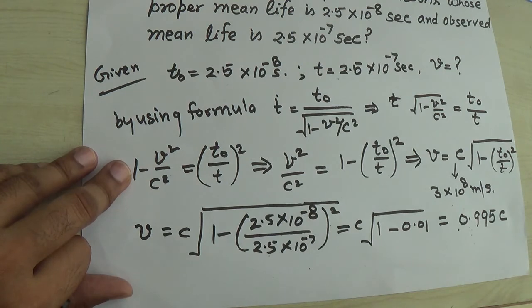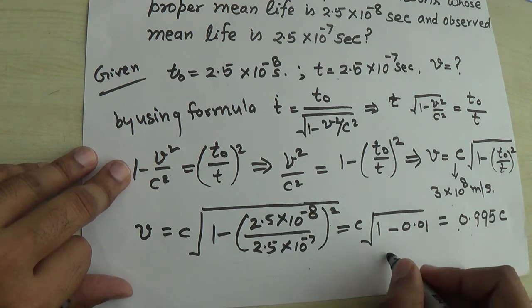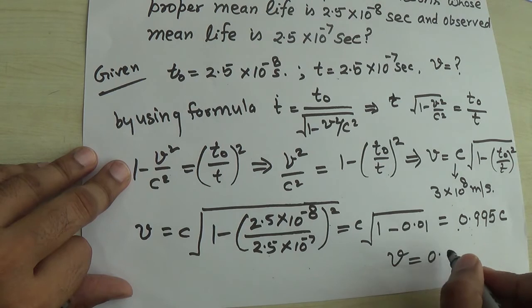So this is the answer of this particular question. So v is equal to 0.995 c.